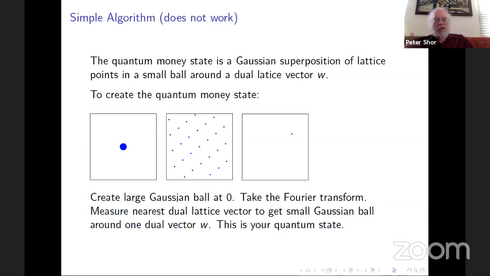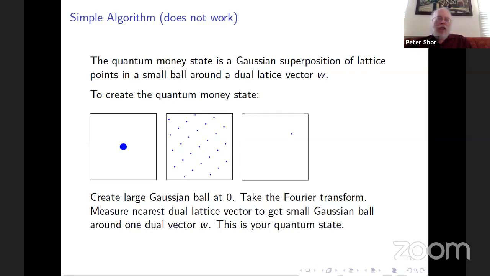So we get a superposition of Gaussian balls around each dual lattice point. We can then use the bounded distance decoding algorithm to find the nearest lattice point and then measure that lattice point. And that gives you a superposition of a small Gaussian ball around a dual lattice vector W.